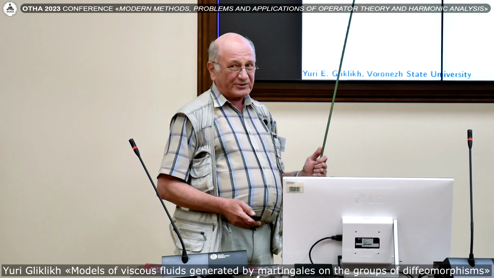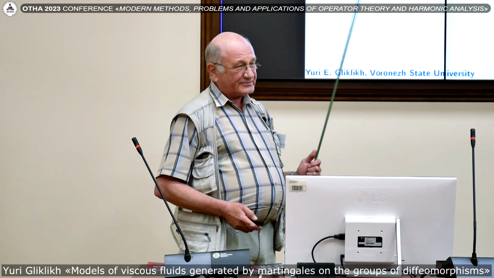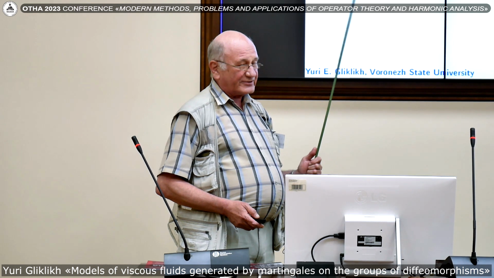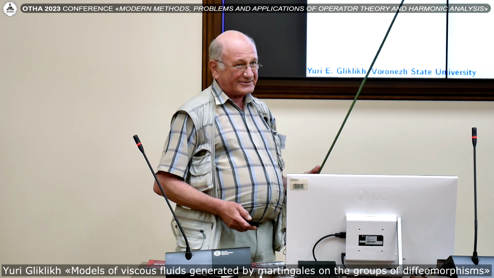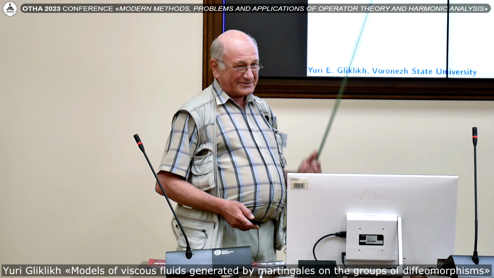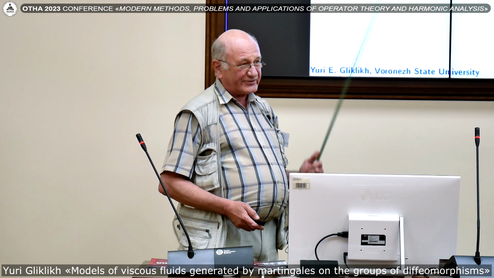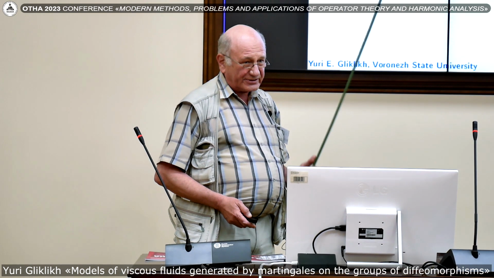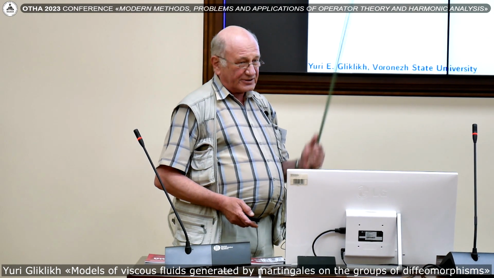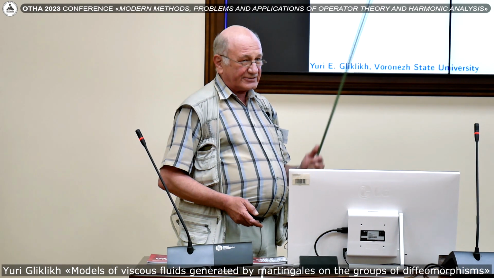I missed the formula about backward mean derivatives. Let me say it orally. The backward mean derivative of W of t, the Wiener process, is W of t divided by t.